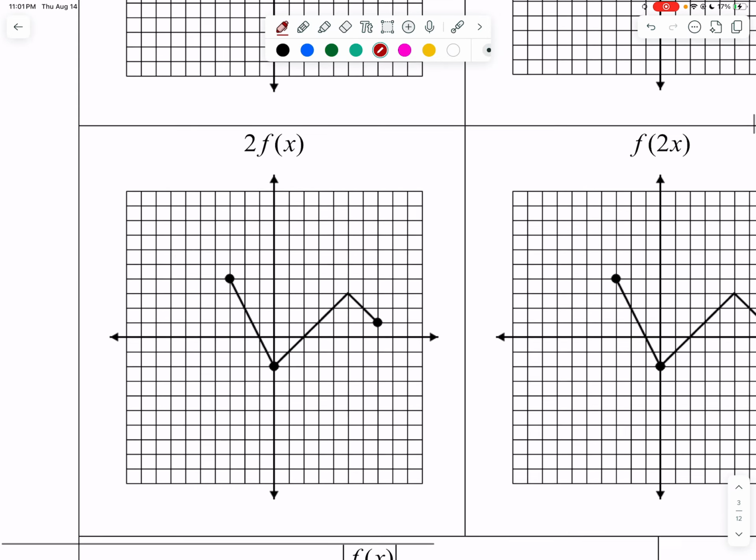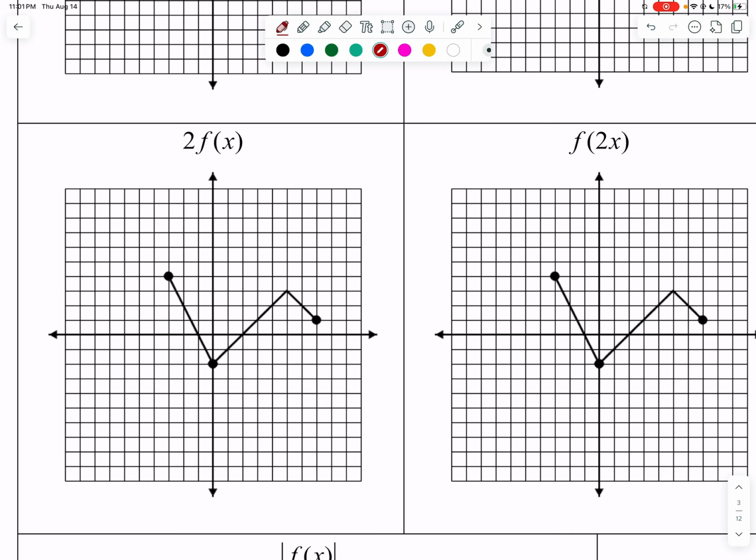All right, so for this one right here, we have 2 times f of x. So this is saying 2 times the output value. As a reminder, what I'm going to do is make a table of values for these 4 points that I have. And then we'll work with those 4 points and see how 2 times f of x changes the output value.